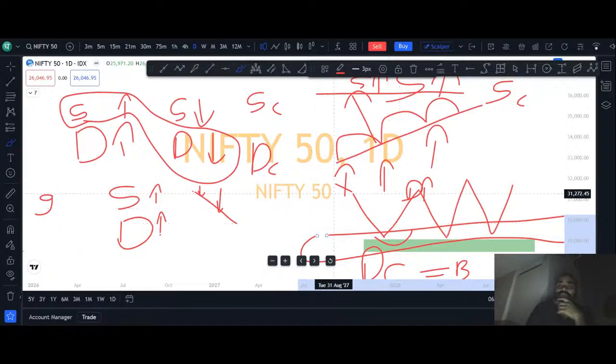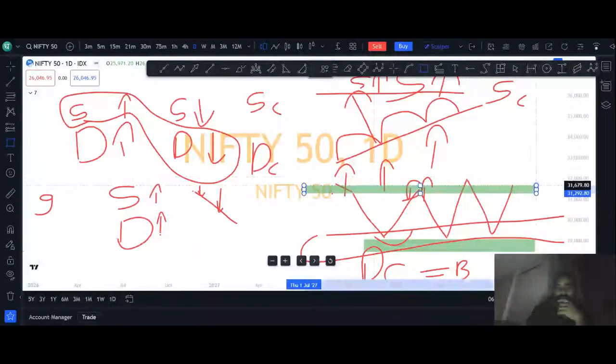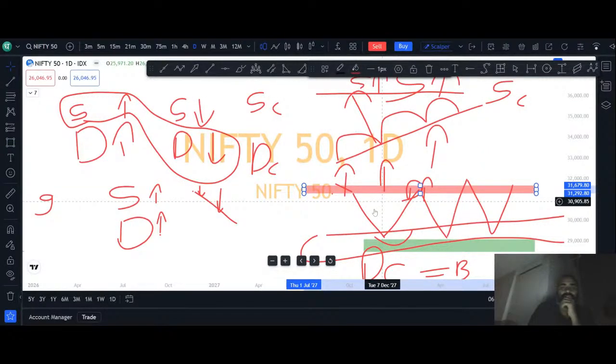With respect to that, if supply is constant, it means there is an equal top, right? See here, I'll make this red.